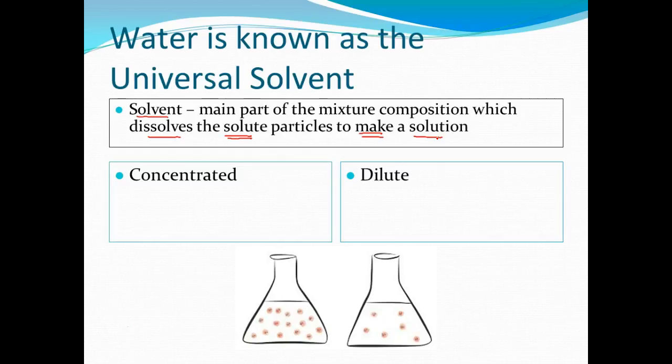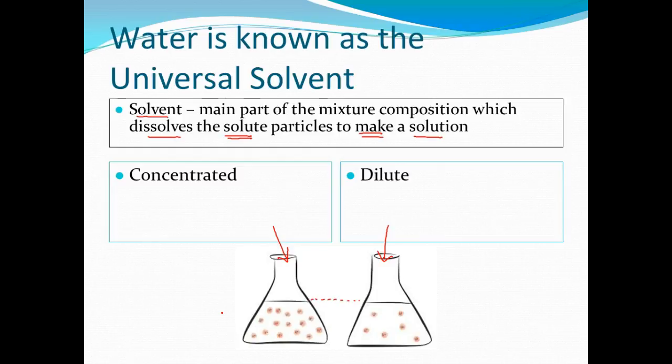We have various words to describe a solvent and its concentration. One of the terms is concentrated and dilute solutions. Notice here, this is the concentrated solution, this is the dilute solution. The reason we can compare these two is because they have equal amounts of water.